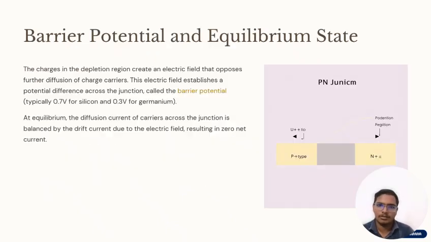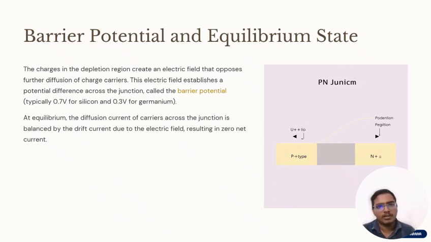Next, barrier potential. This is the depletion region. Let's discuss the barrier potential at the equilibrium state. The charge in the depletion region creates an electric field that prevents further diffusion of charge carriers. The electric field establishes a potential difference across the junction called the barrier potential.